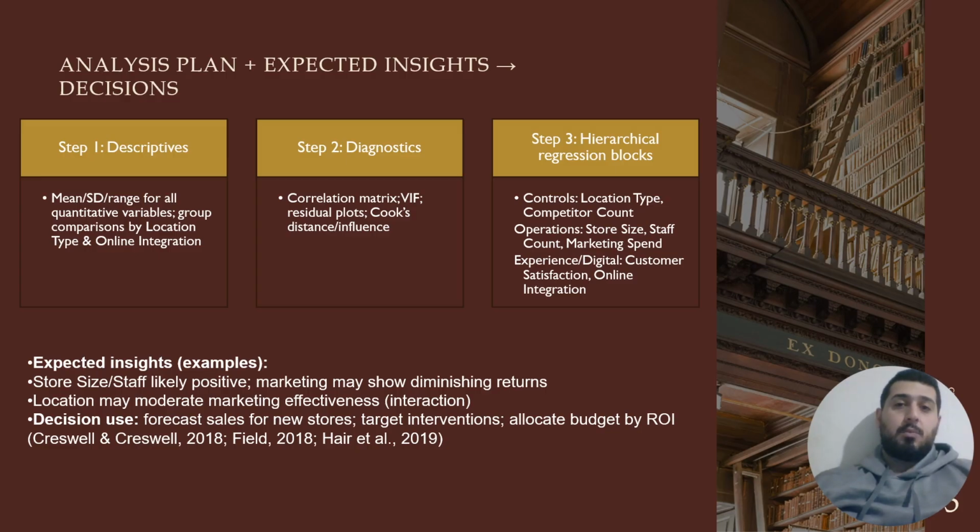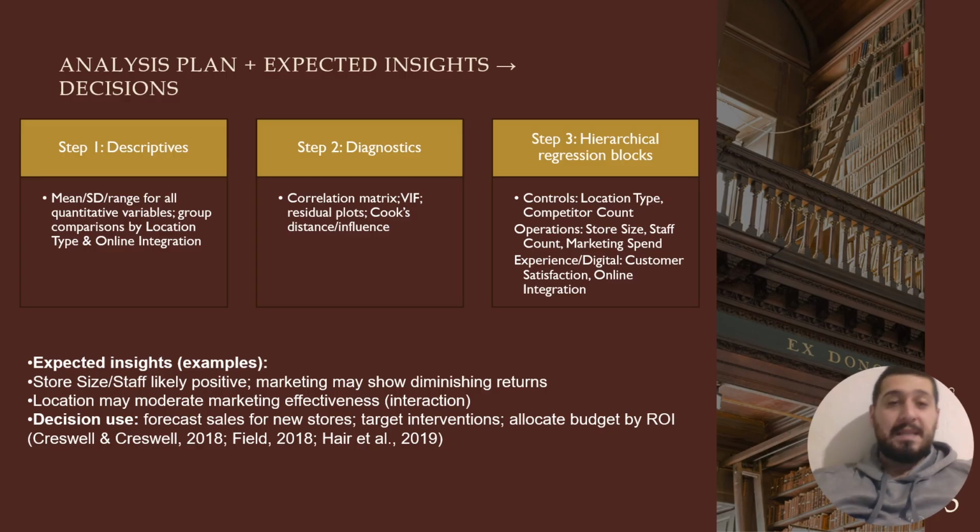My analysis plan starts with descriptive statistics. I would compute central tendency and variation for each quantitative variable and compare average sales across location categories and online integration levels. Next, I would run diagnostics because regression without diagnostics is like driving with a blindfold and good vibes.